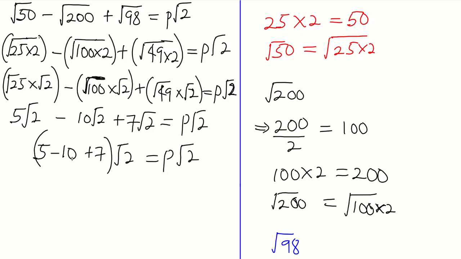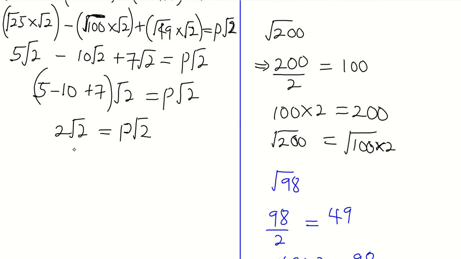Now 5 minus 10 plus 7 is 2, so 2 square root of 2, and at the end you have p square root of 2. So by comparing, we can see that our p value here is equal to 2. So that is the value of p.